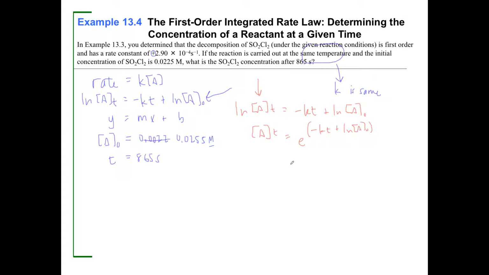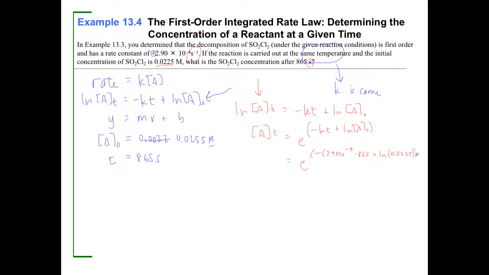Now let's go ahead and work this out little by little. e to the minus 2.9 times 10 to the minus 4. I'm going to leave the units off for now. Times, but it was in seconds. You see reciprocal seconds here, and this is also in seconds. Times 865 seconds plus the natural log of 0.0225.